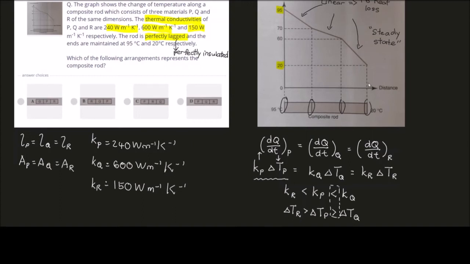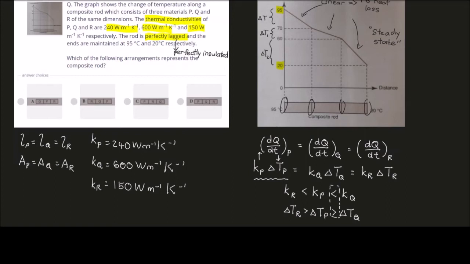So if we look back into the graph here, this is delta T1, this is delta T2, and this is delta T3. Sorry, I've been a bit blur now.